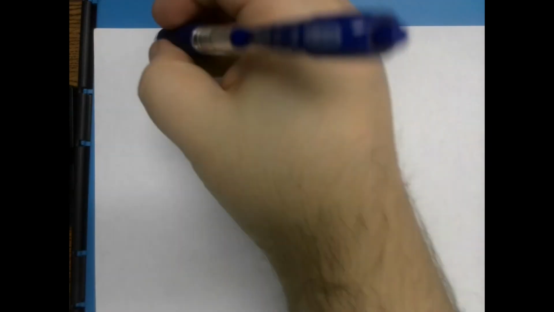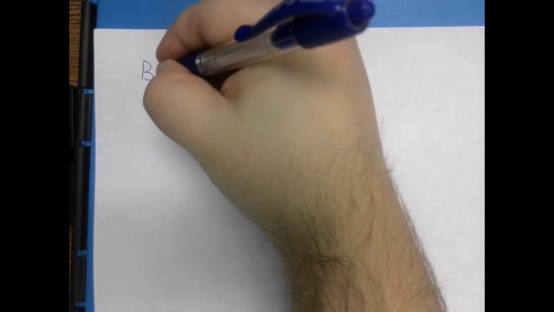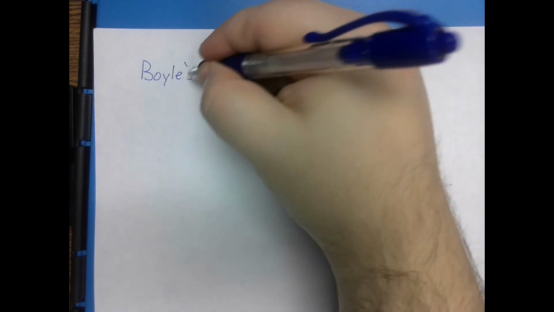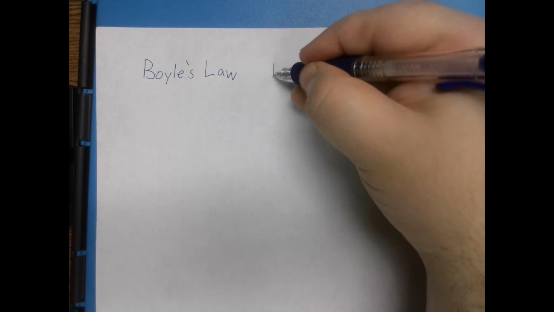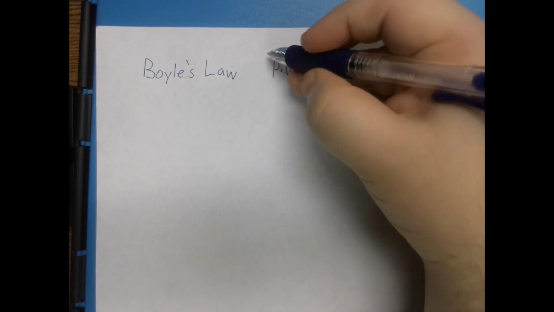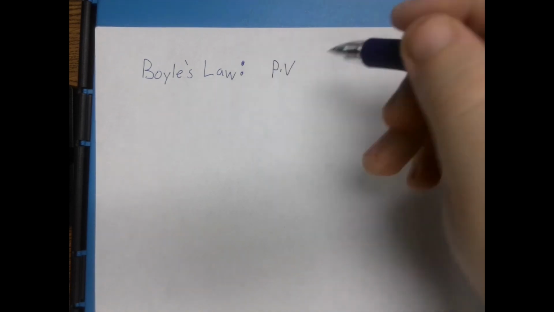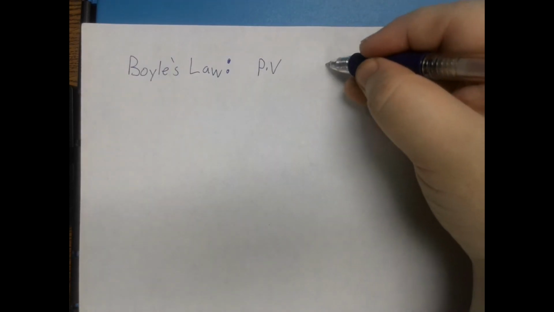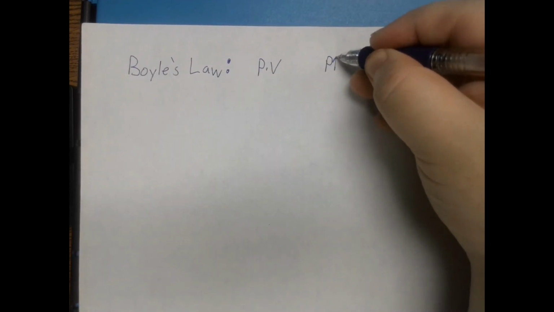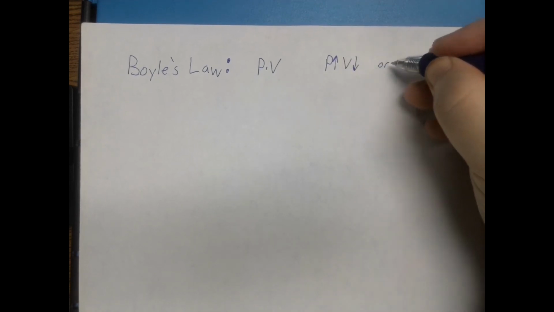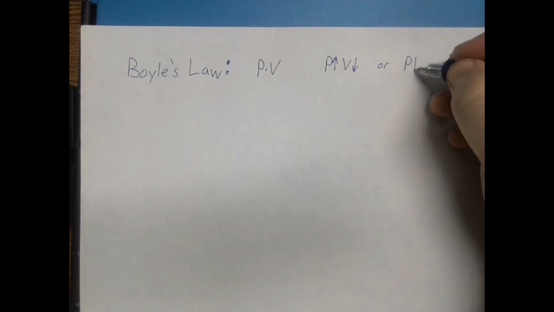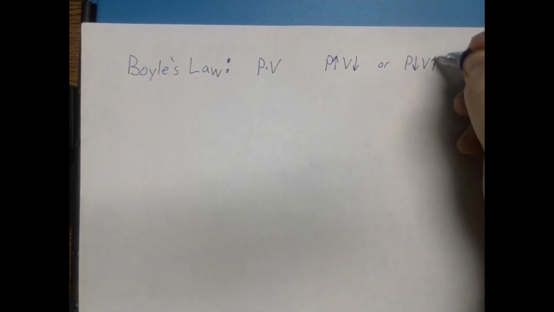So let's review each of the laws. Boyle's law deals with P times V. It basically states that as pressure goes up, volume goes down, or as pressure goes down, volume goes up.